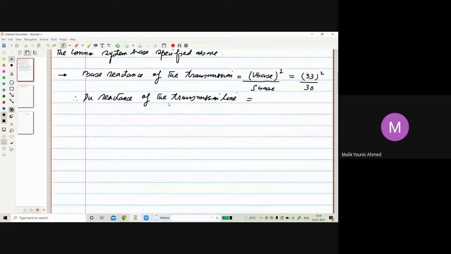So you can write 20.5 divided by this base value, which will be 33 square divided by 30. This will come out to be j0.565 per unit.